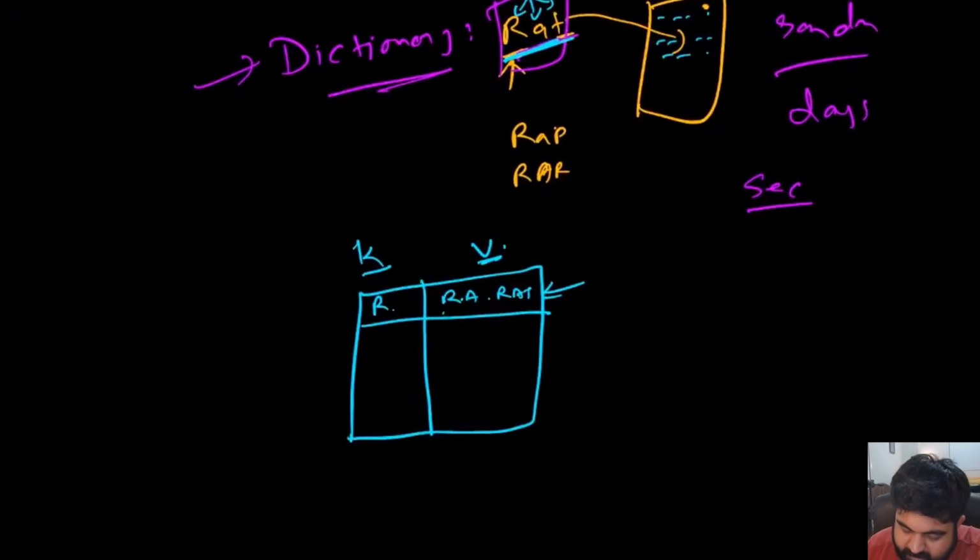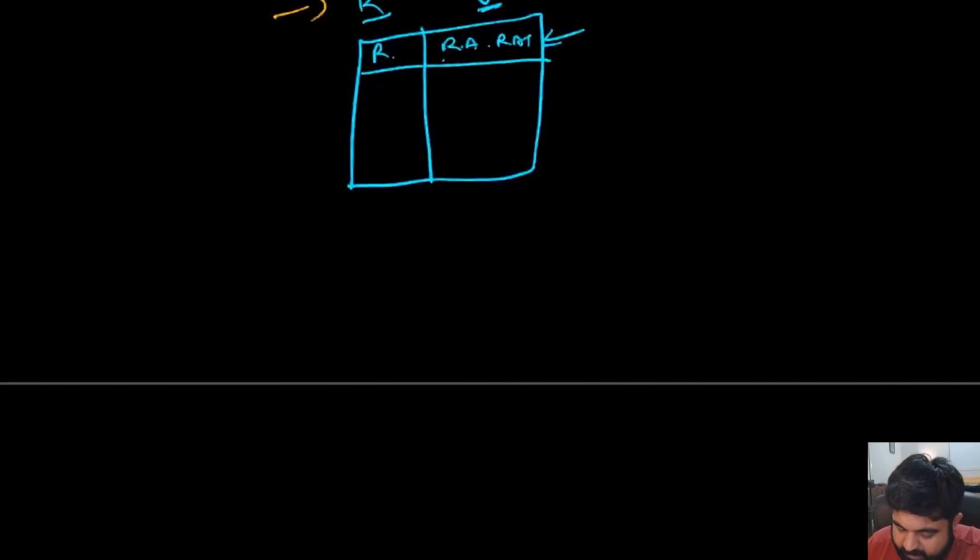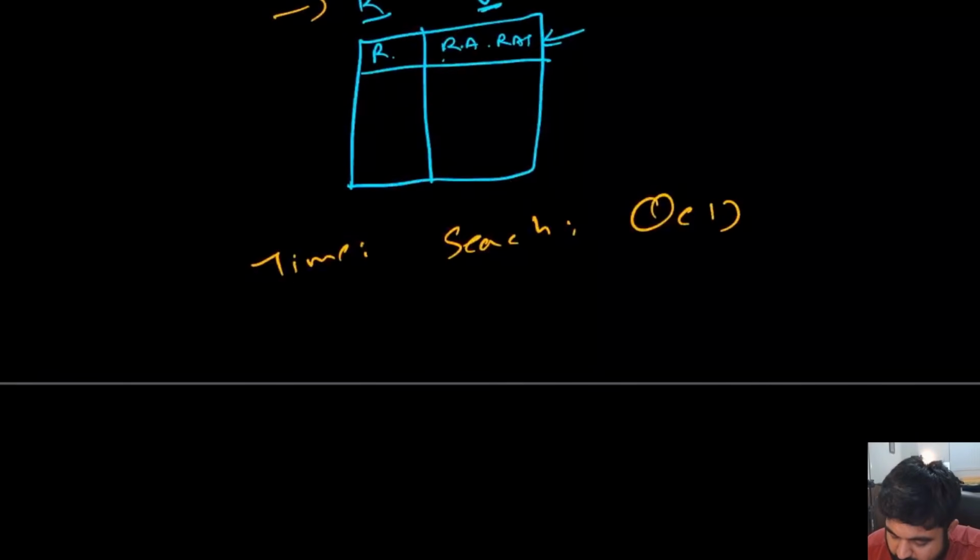The same logic is used to store different values inside the hash map as well, and hash maps are great at a lot of things. If we see the time complexity for all the operations, let's say you want to search something, searching becomes a constant time operation. If you want to find something, or manipulate something, or change something, this can also be done in constant time.